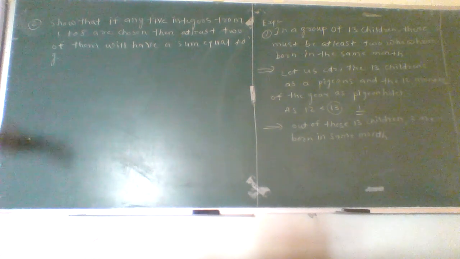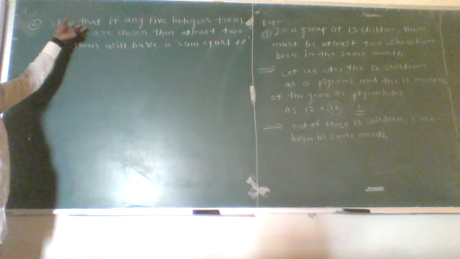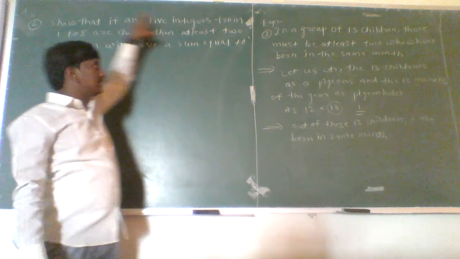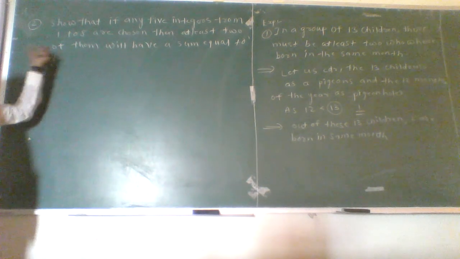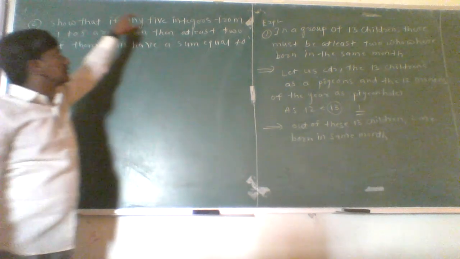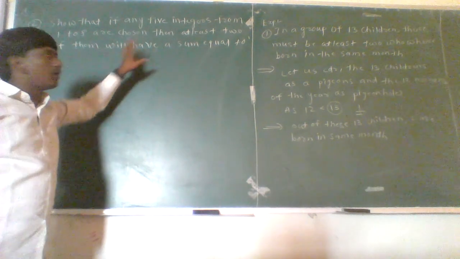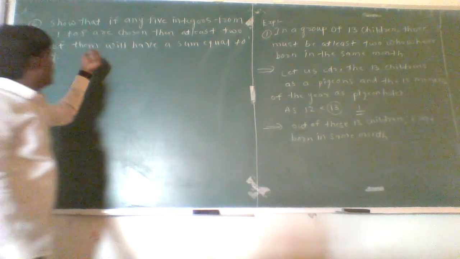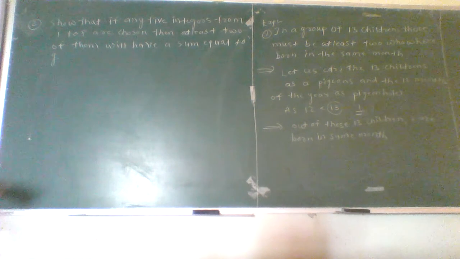Here we have to show that if any 5 integers from the positive integers 1 to 8 are chosen, then at least 2 of them will have a sum equal to 9.